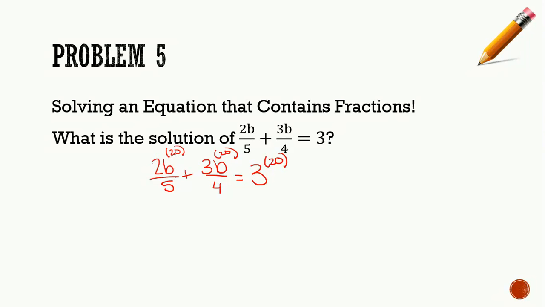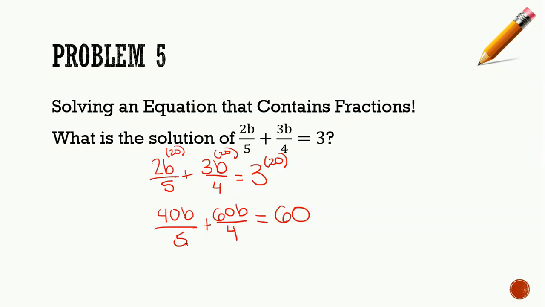So let's multiply the numerators. 20 times 2b, that's 40b over 5, plus 3b times 20, that's 60b over 4, equals 3 times 20, which is 60.